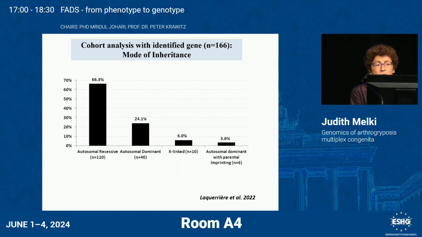So about the mode of inheritance, what we observed in this cohort is that the autosomal recessive form is the most frequent, 66%, and autosomal dominant is in second position.